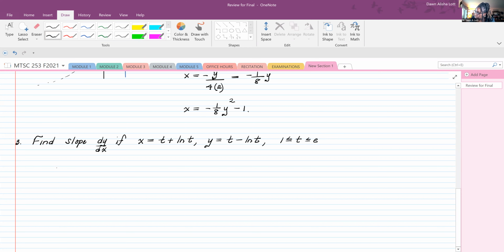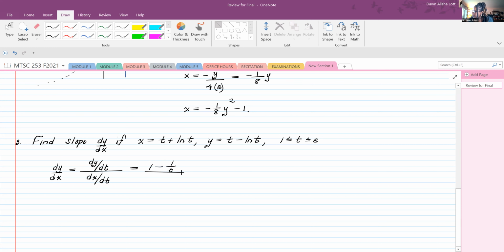Okay, so the slope dy dx is to take dy dt divided by dx dt. So dy dt is 1 minus 1 over t.